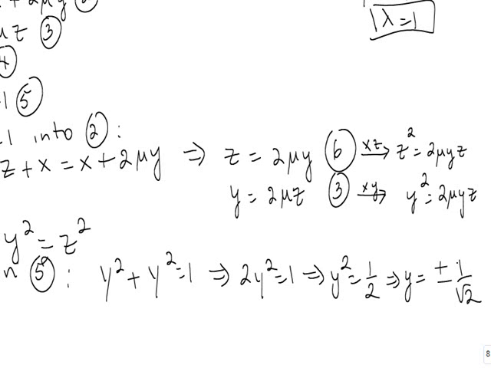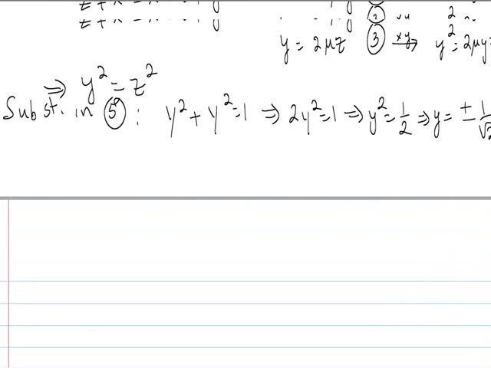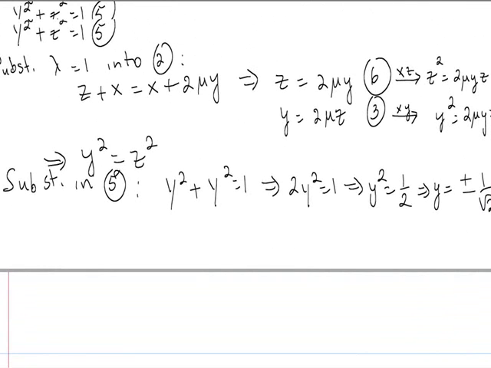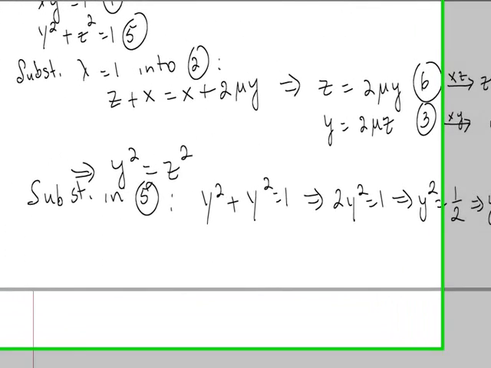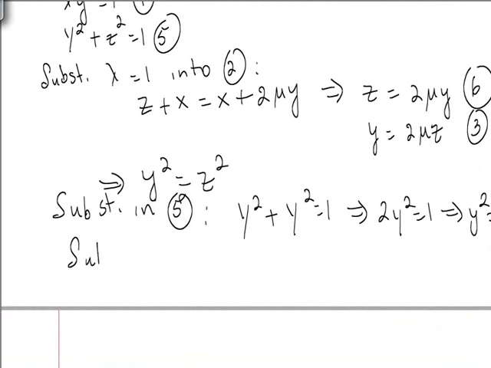How can I get x? Into which one? 4. Good. Okay, that tells me I don't have much space, but that's okay. I think I can write on these lines like I did the last time. Substitute in 4. So I'm going to write for xy equals 1.